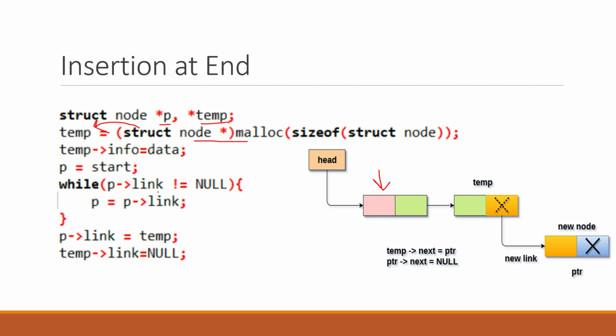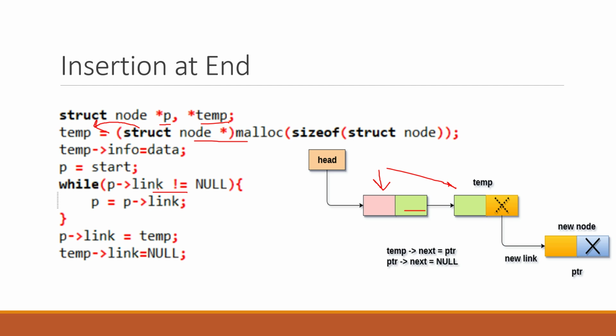This will traverse and continue our loop until P link is equal to null. The pointer will move to the next node until this condition is not met. If P link is not equal to null, the condition is true, so we will assign P equal to P link. This link will be assigned to P, and now P will point to the next node.